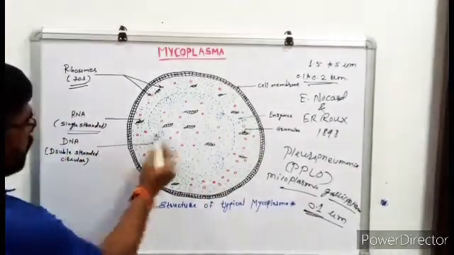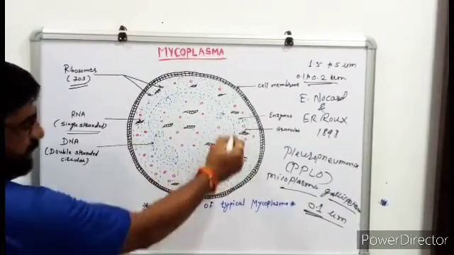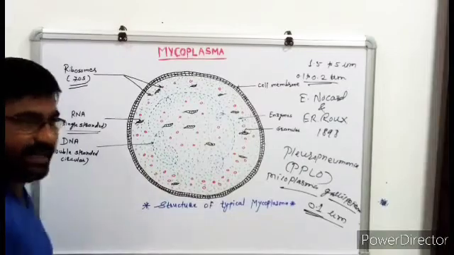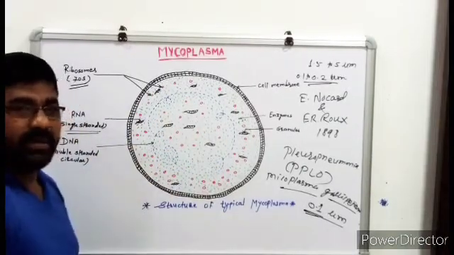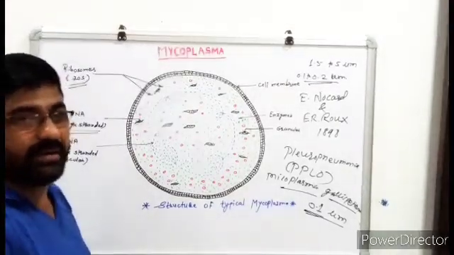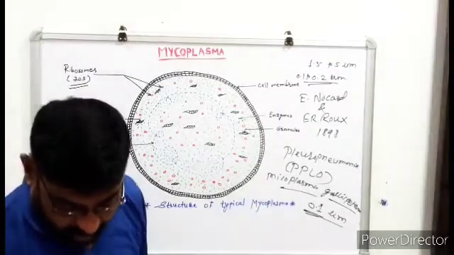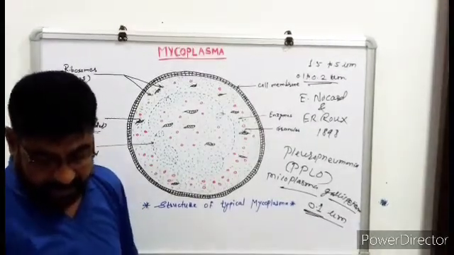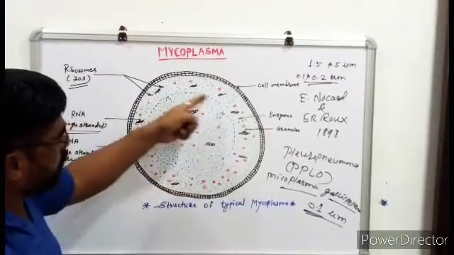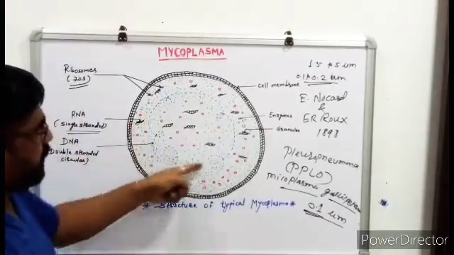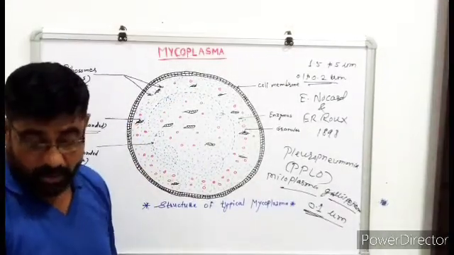Then there is double stranded circular DNA, which carries the genetic material of the species. So the mycoplasma has no nuclear envelope, and double stranded circular DNA as well as RNA is present as the genetic material.